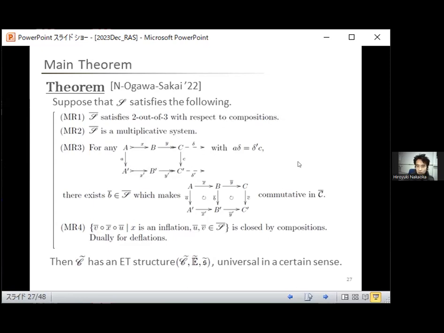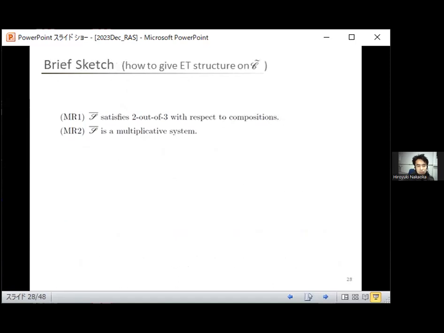Well, instead of explaining the detail of these conditions, let me briefly sketch how to give an ET structure on the localization C tilde to show that the construction is somewhat natural. Firstly, by MR1 and 2, we may calculate morphisms in C tilde easily by using roofs in C bar.